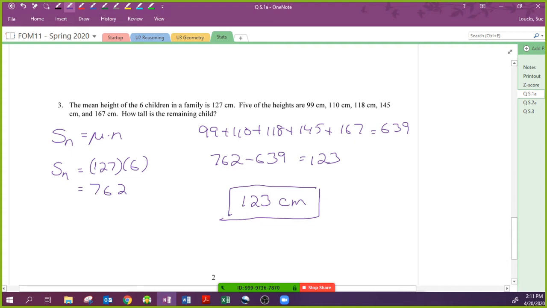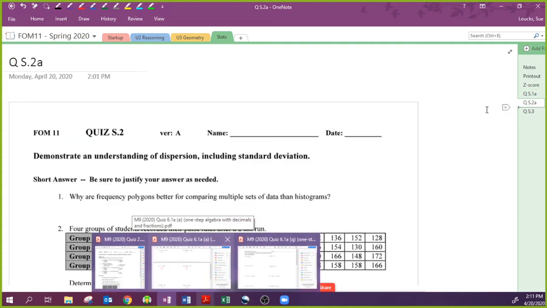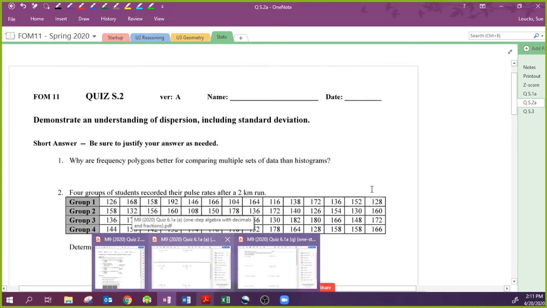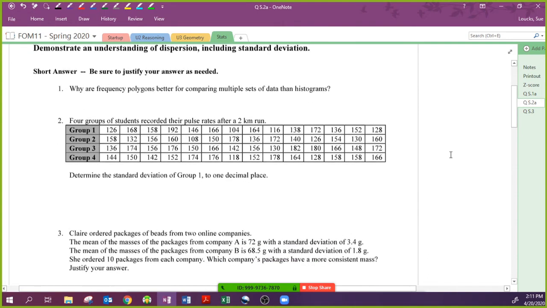Okay, quiz 2. For question 1, the answer is: why are frequency polygons better for comparing multiple data sets than histograms?